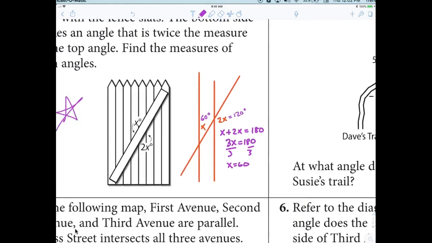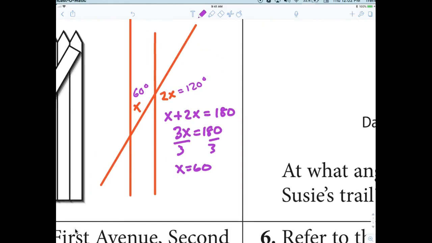I don't know what that means. X is equal to 60. Do you agree with that or not?